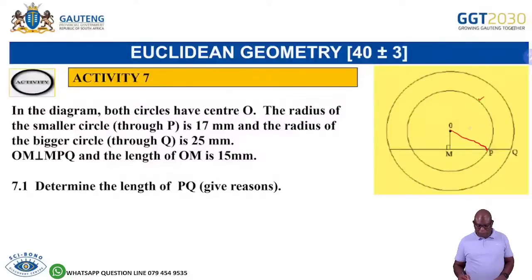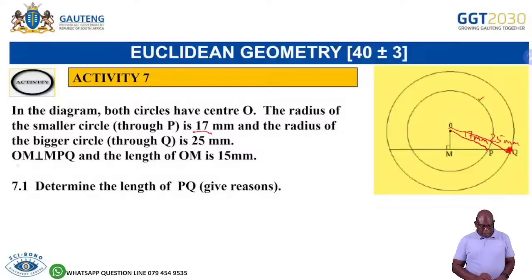The radius of the smaller circle is 17, yes. And remember the radius is the line from the center of the circle to the circle. So it's 17. And the radius of the bigger circle through Q, which is this line here to Q, is 25. So that radius is 25.